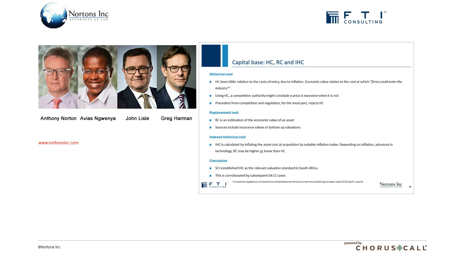So there are ways around calculating a replacement cost, either by using engineers, surveyors, evidence from insurance policies and the like, or one can look at indexed historical cost. I think the outcome from the CAC in South Africa is basically we should have regard for replacement costs. Tick, economists would agree. Difficult to calculate. We should probably look at a number of proxies.